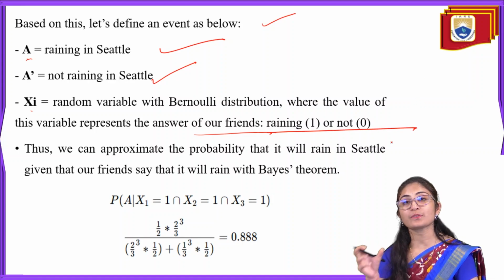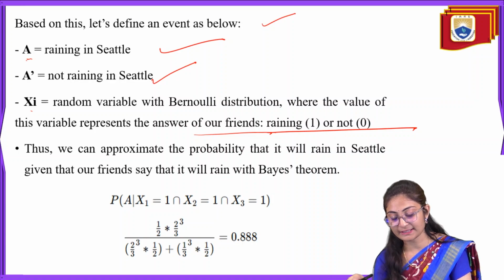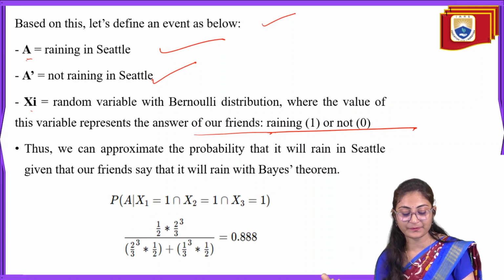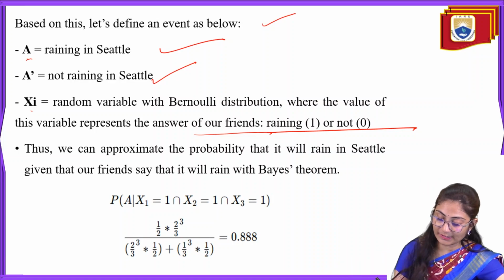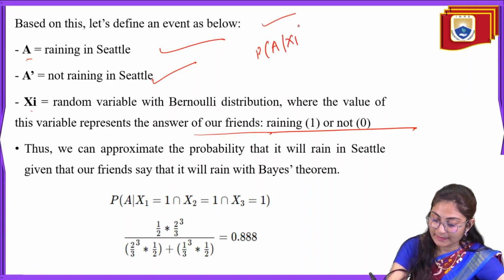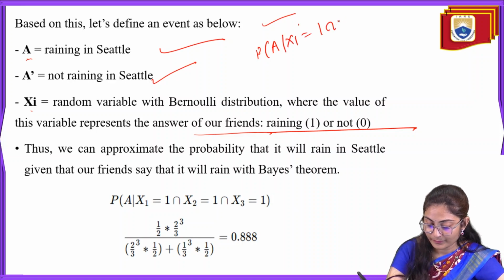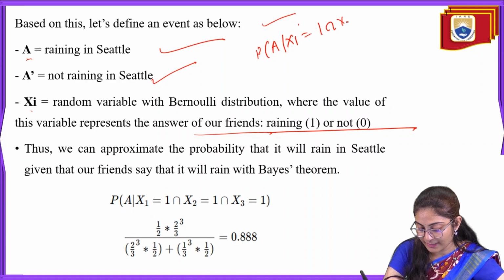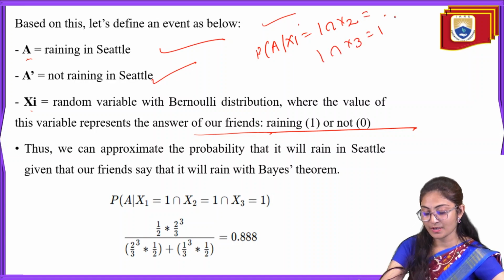So we can approximate the probability that it will rain in Seattle given that our friends say it will rain with Bayes theorem. So here we use the probability of A given x1 equal to 1 intersection x2 equal to 1 intersection x3 equal to 1.